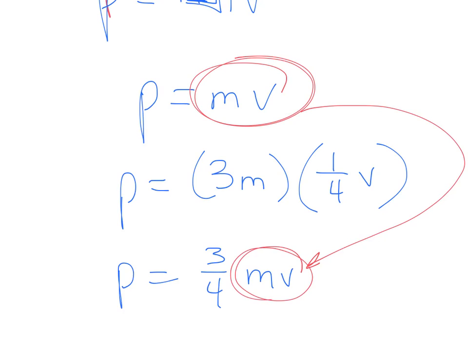If you were writing a verbal statement for a short answer, you would say the momentum of the object is now 3/4 of what it was initially. You can't say it's a factor of increase or decrease because that gets confusing. It's decreasing, but not by a factor of 3/4. That's not mathematically sound. So you would say it's 3/4 of what it started with.